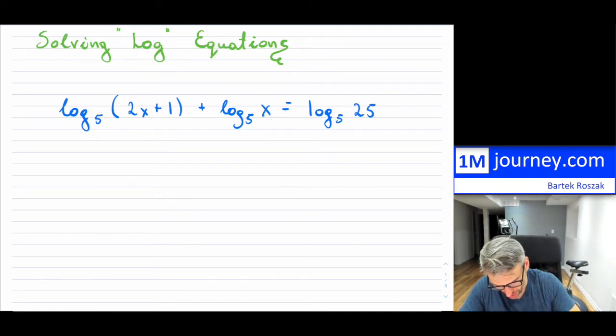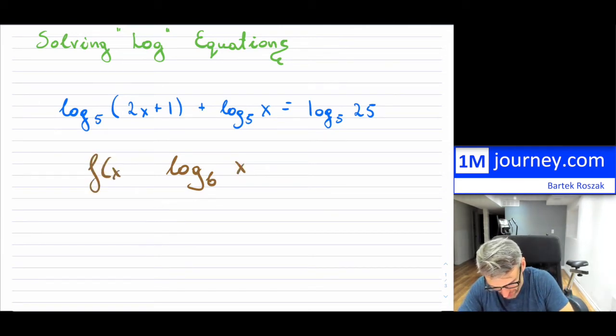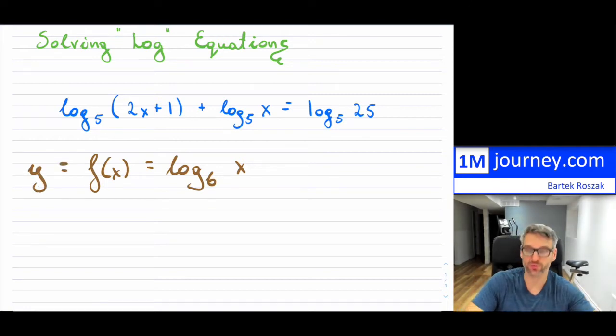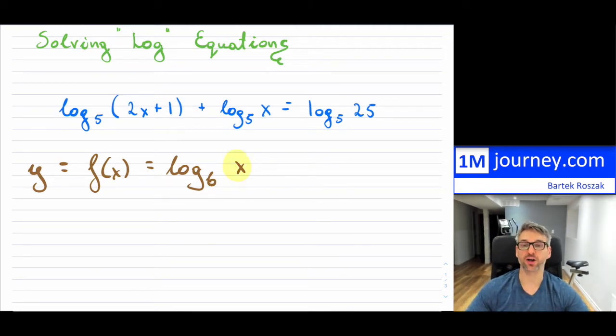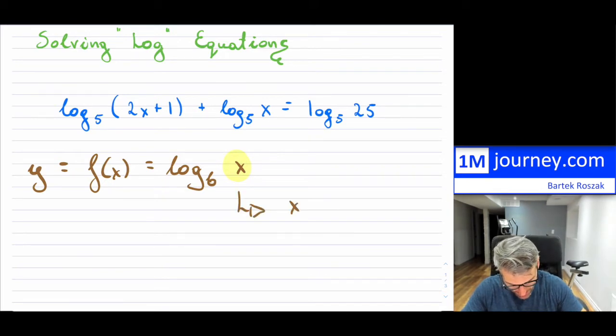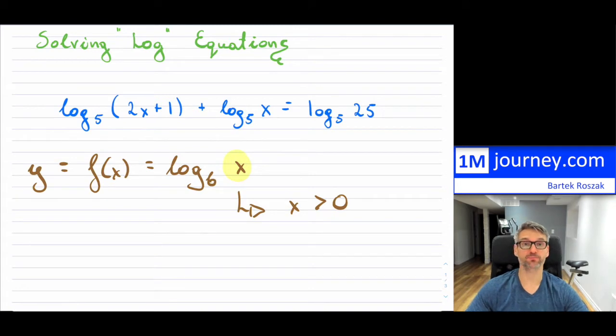So you may recall that if you take log of any base b of x, so let's say this is our function, f of x, or sometimes people will write it simply as y is equal to, we know that whatever is right here, whatever we're taking the log of, by definition, has to be greater than 0. And again, if you don't remember why, watch that introduction link that I told you about just before.